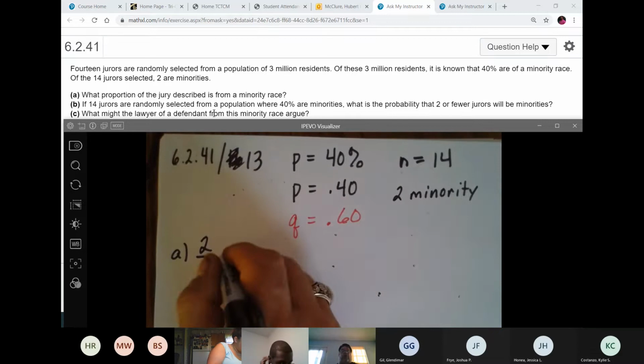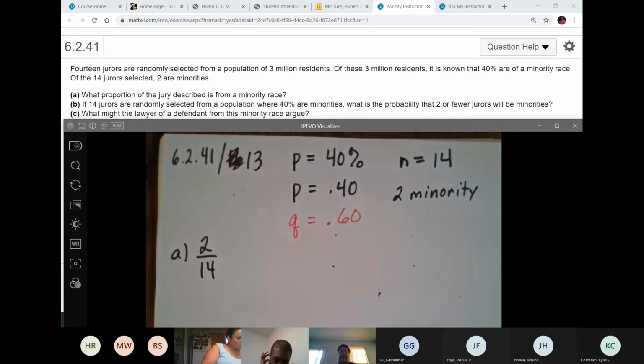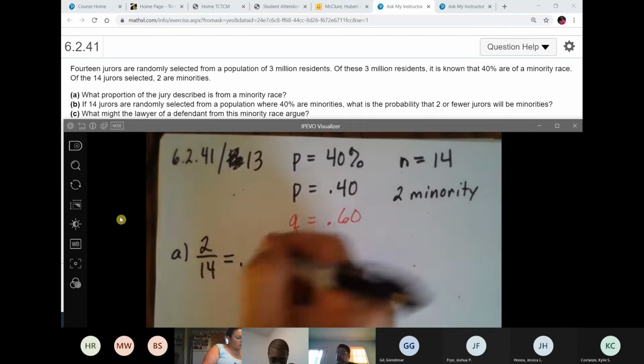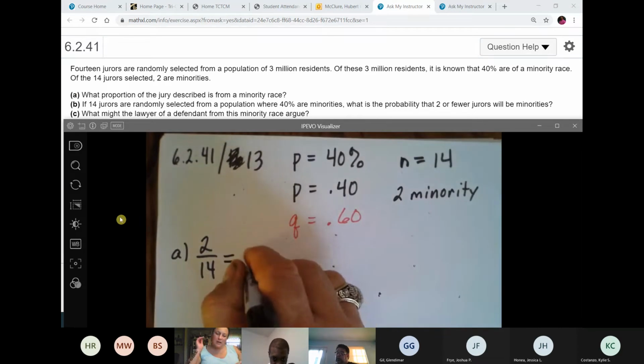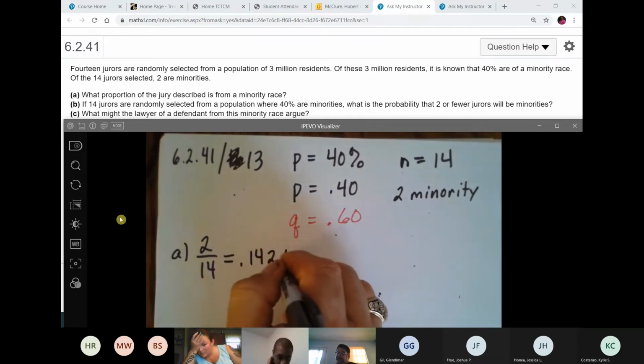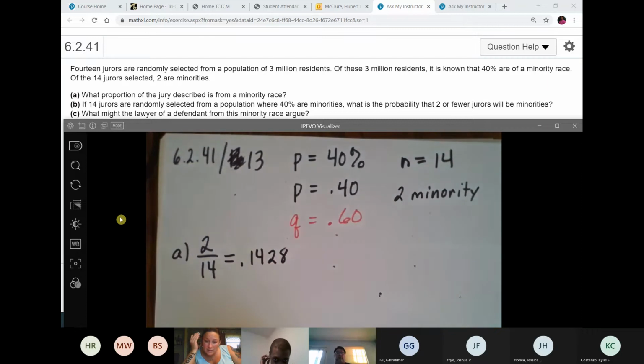So somebody give me 4 digits, or I'll do it. 0.1428. Everybody got that? When I'm rounding, 5 and up, it rounds up. I always round to 4 digits as a general rule.